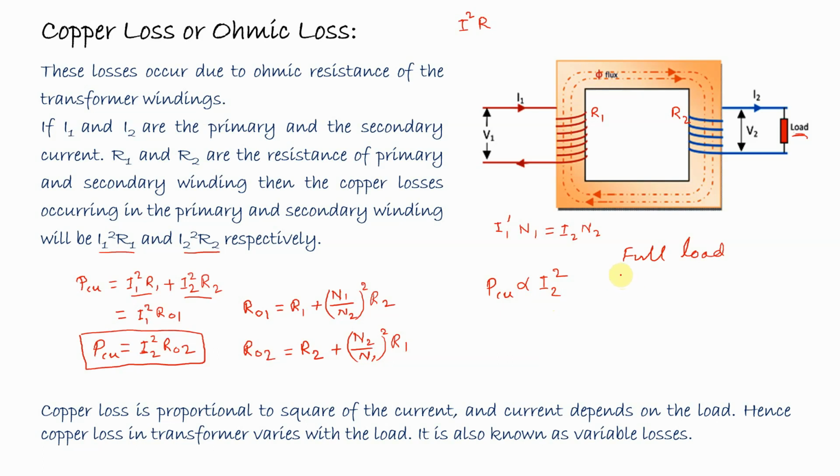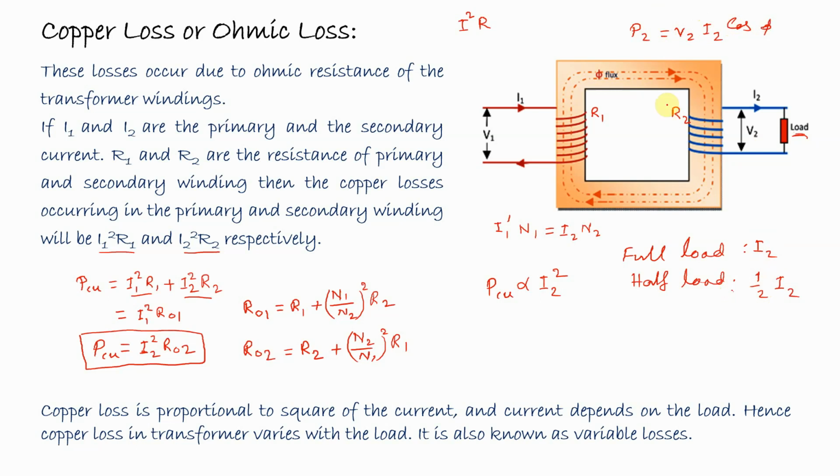But if we reduce the load by half, that means if we run the transformer at half load, then in that case the current will become half of the rated current, because at full load condition the current will be I2. So at half load condition the current will be half, because the power in the load P2 is V2 I2 cos phi.